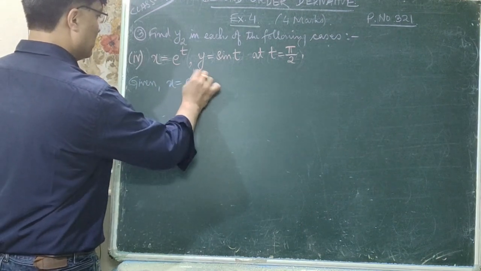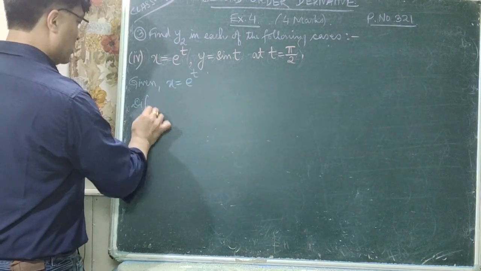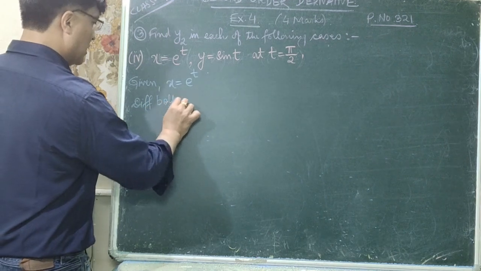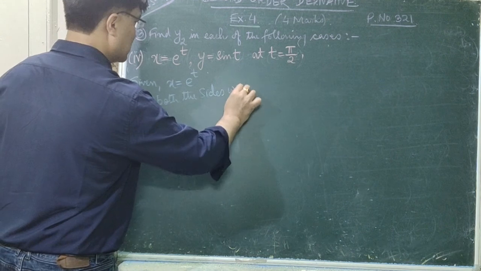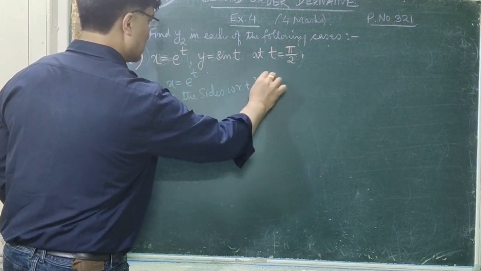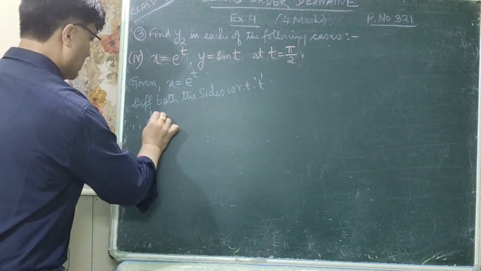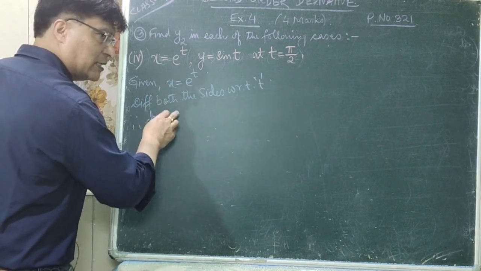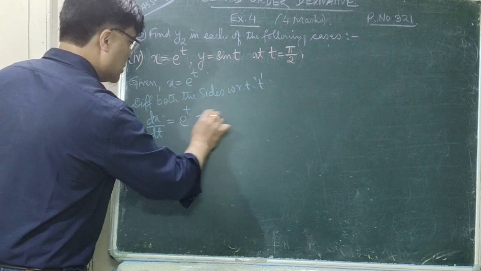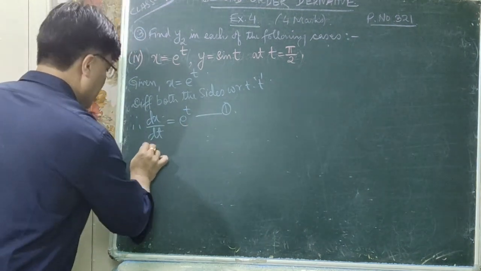So your given is x is equal to e to the power t. So differentiating both the sides with respect to t, therefore dx by dt is equal to, what is d by dt of e to the power t? It is e to the power t. That is number 1.